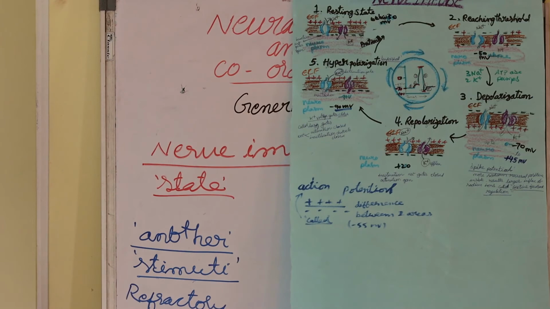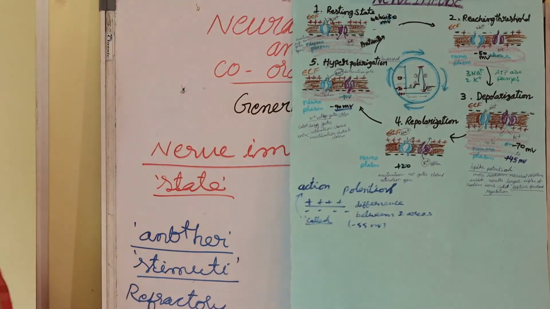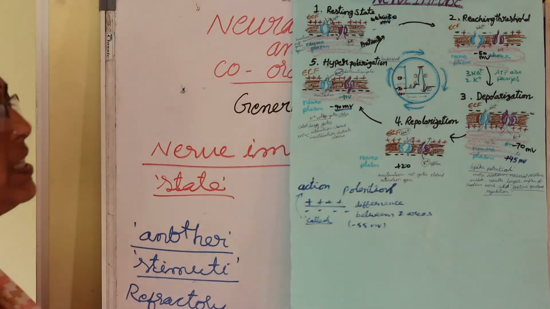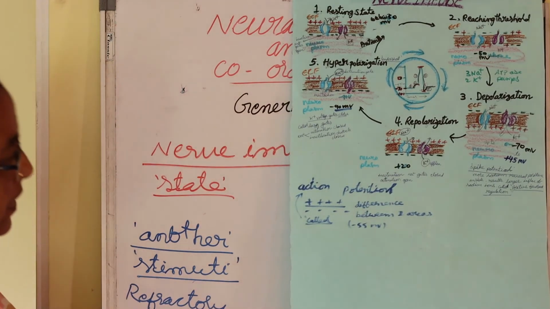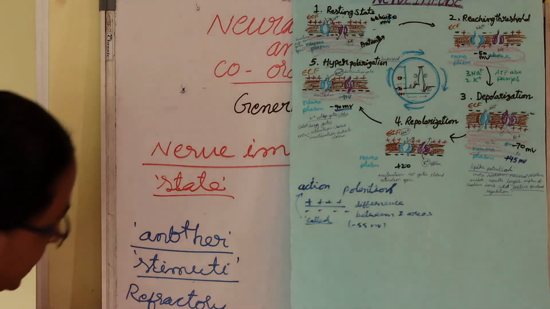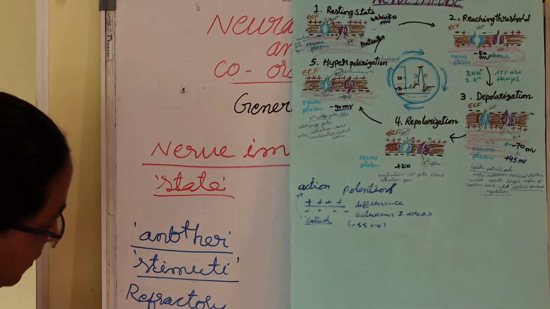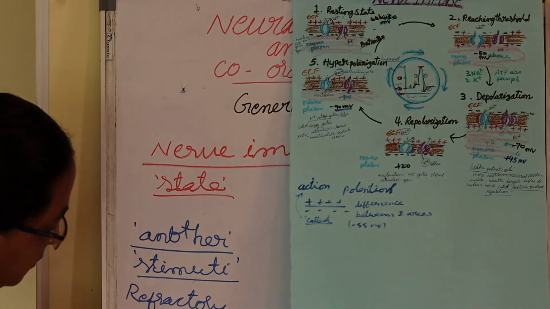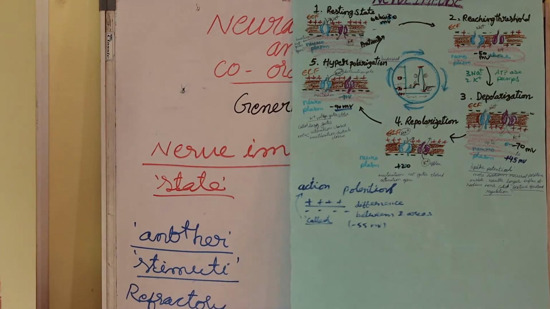The absolute refractory period covers depolarization and repolarization. Here no other impulse takes place while the action potential is being generated. The relative refractory period we observe in hyperpolarization, where another initiating impulse can start a new generation.